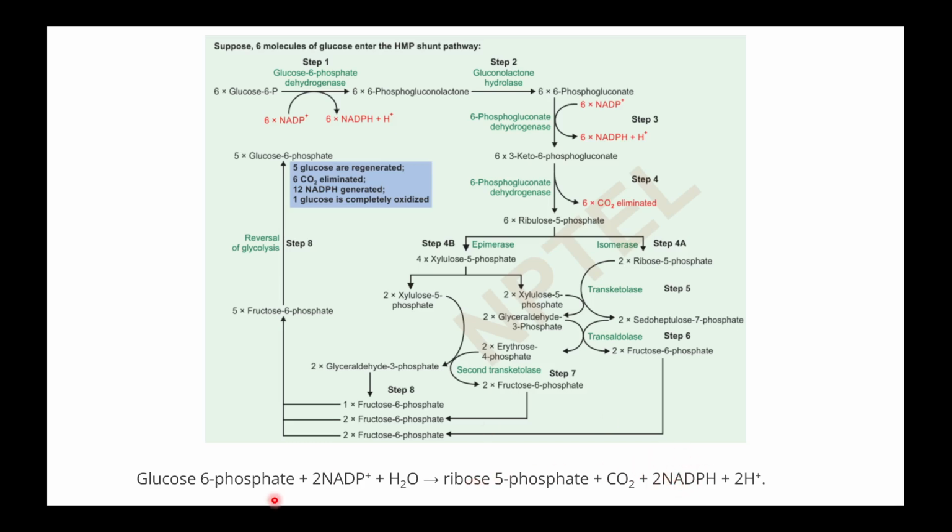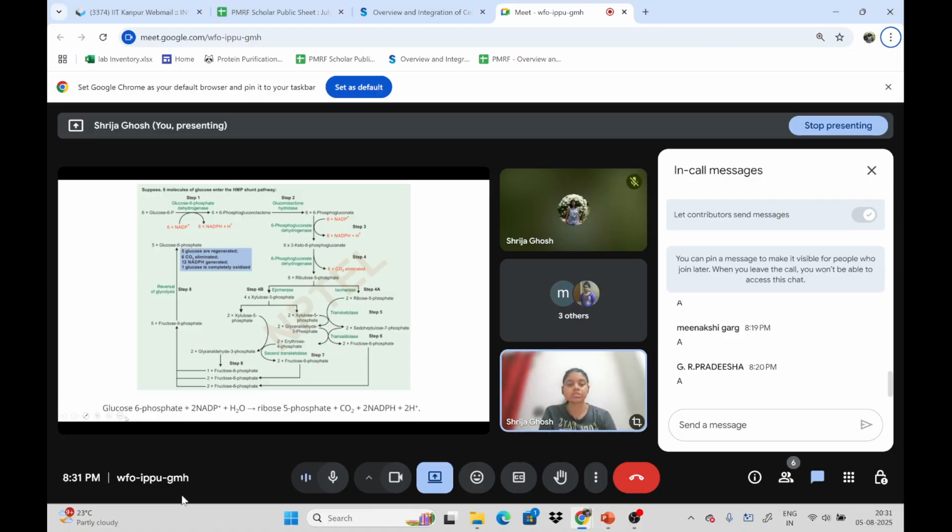So from one molecule of glucose 6 phosphate we get one pentose sugar, one carbon dioxide, because one of the molecule gets completely oxidized, and two molecules of NADPH and two molecules of protons. Okay, so this is the total reaction, complete reaction of HMP shunt pathway.